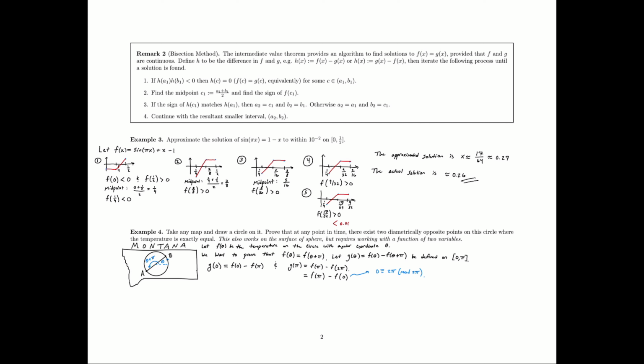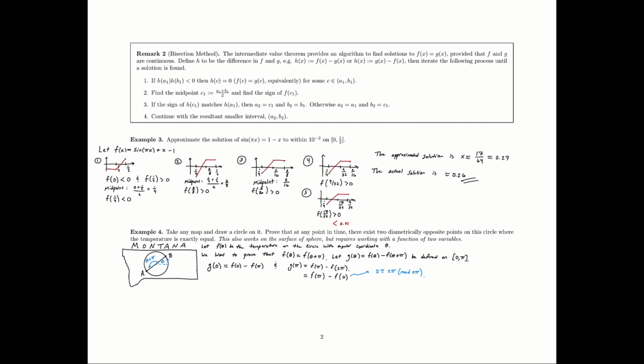It's sort of like if you're talking about just times of the day, you only care about the time of the day. You know, if we're at 2 p.m., 26 hours ahead is the same thing as 2 hours ahead, right? 24 hours would take you to 2 p.m. the next day, and 2 more hours would take you to 4 p.m. Same thing with months on a calendar. 13 months ahead of time is really just 1 month ahead of time.